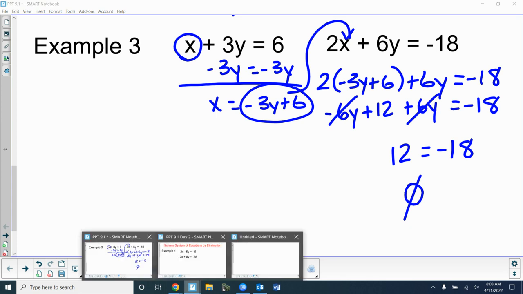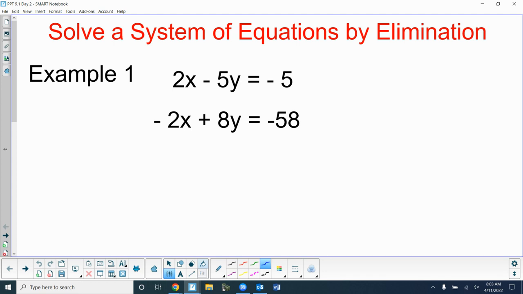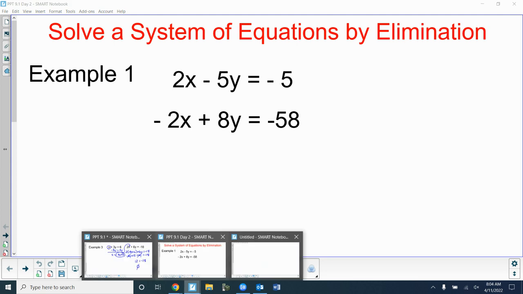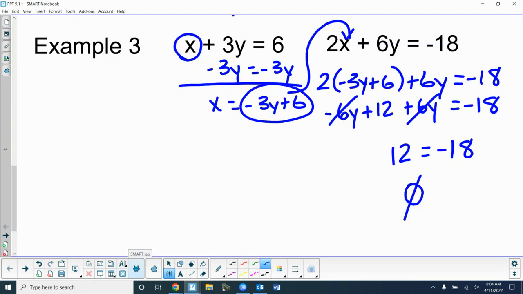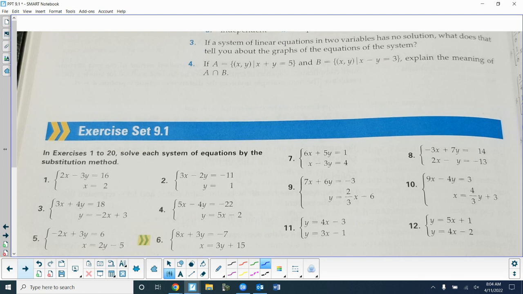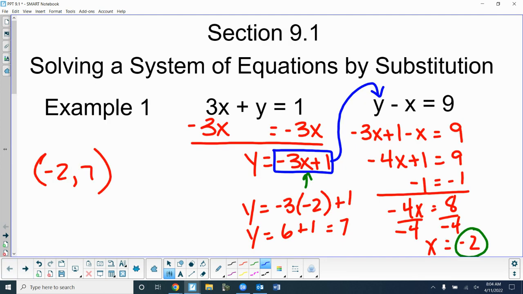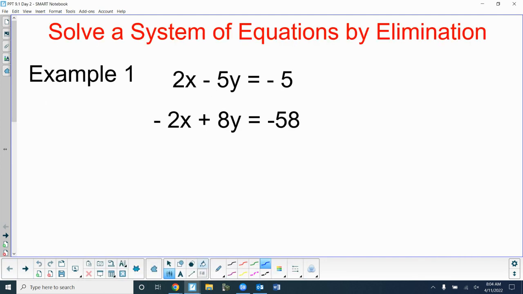Good job so far. Okay, so when I do substitution, I like to write them side by side. So I get one by itself, then I go to the other side. When I do elimination, I like to line everything up.